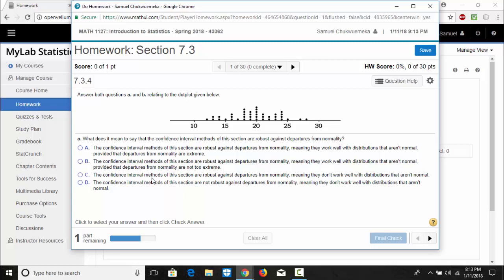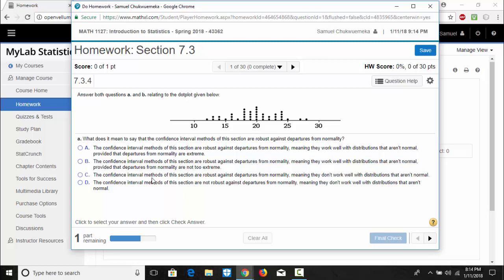Answer both questions A and B relating to the dot plot given below. What does it mean to say that the confidence interval methods of this section are robust against departures from normality?